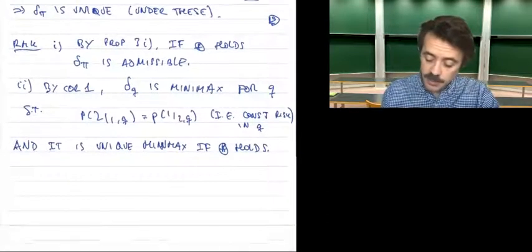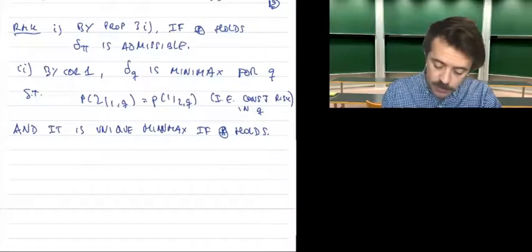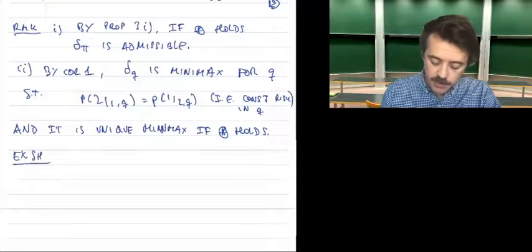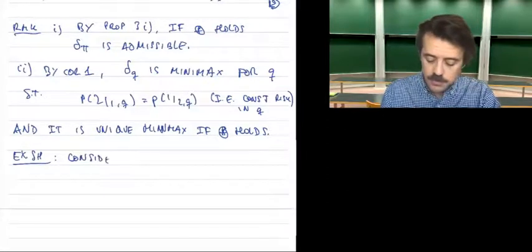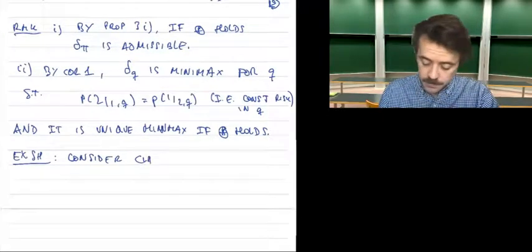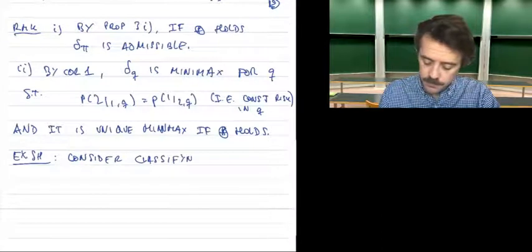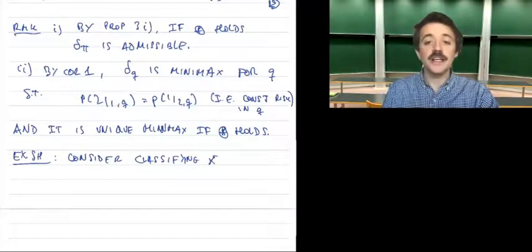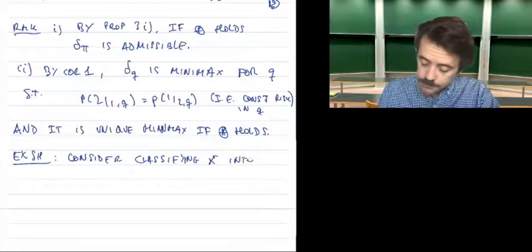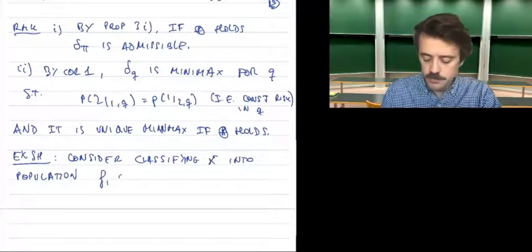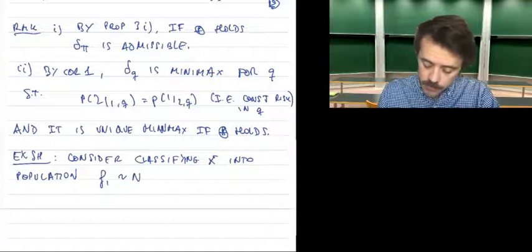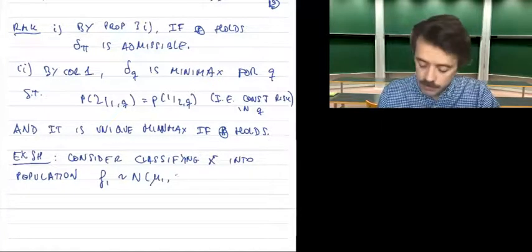Okay, so let's get an example, which we're not really going to do in detail because it is part of the next example sheet. So okay, so consider classifying a random variable or an observation capital X into population F1, that is distributed according to normal distribution with some mu1 and some capital sigma.